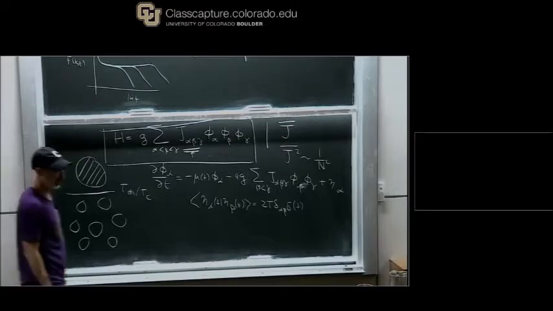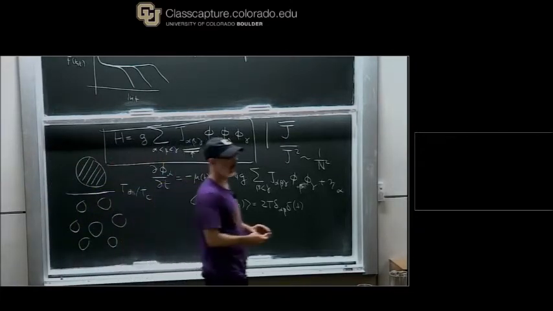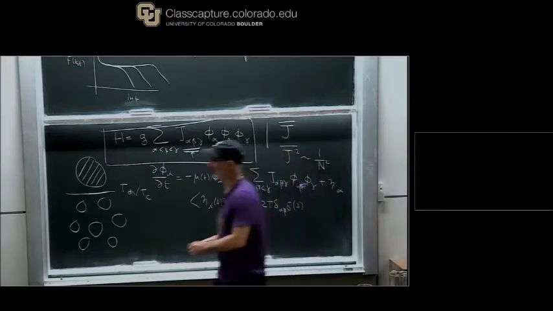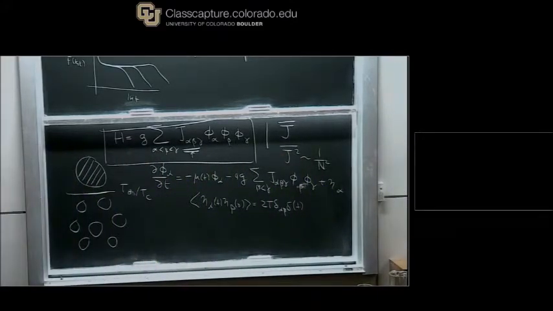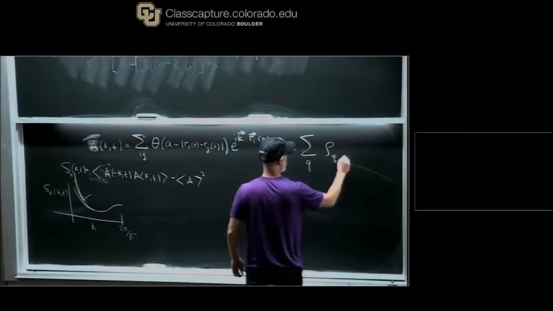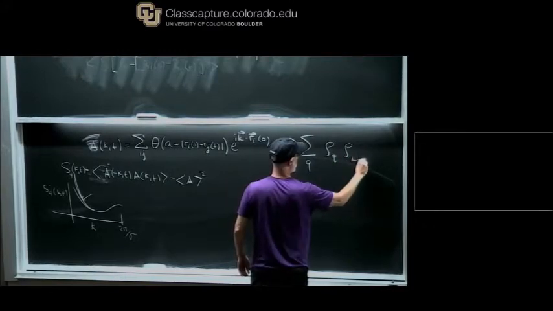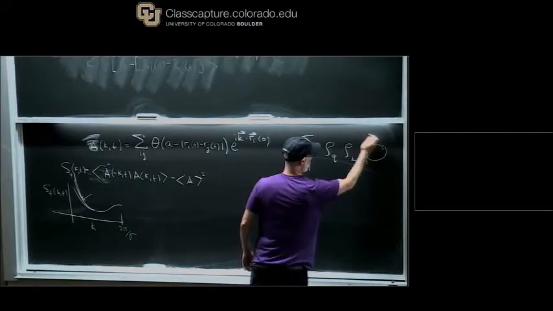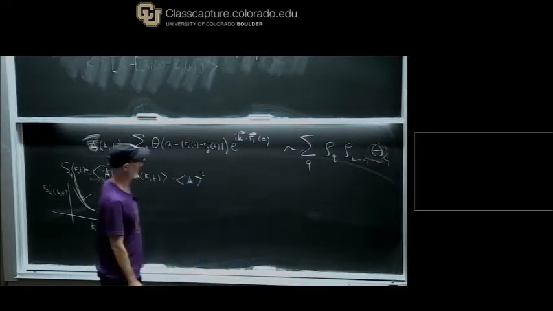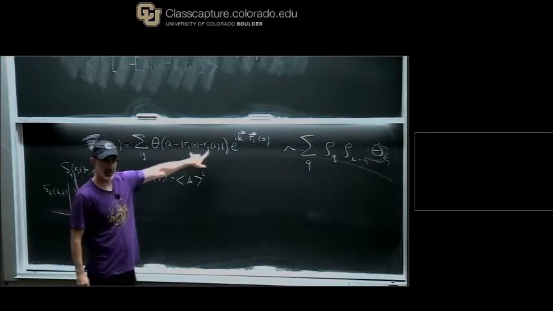So the question is, is there a way within liquid state mode coupling theory to actually calculate this? One thing you could try is to write this down in terms of density fields. So this is also going to be proportional to, with some Fourier transform of the step function in there and so on, right? It looks like pairs of density modes because anytime I have a difference in space, I can always do the same trick I did for the force, right?